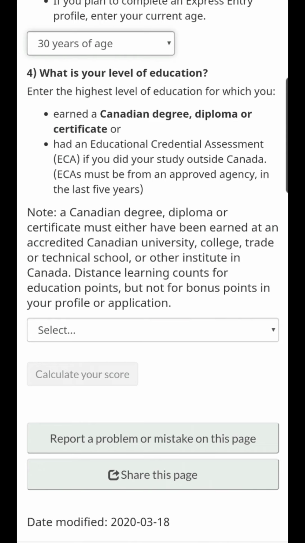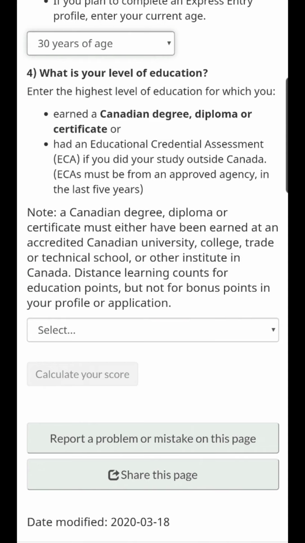Here you should mention your level of education, and before doing this you need to obtain an ECA from WES, that is World Education Services. From WES you have to obtain your educational credential assessment for your degree.